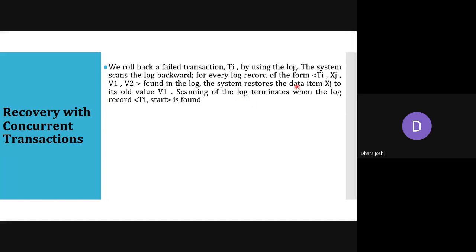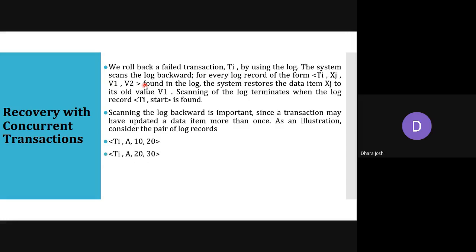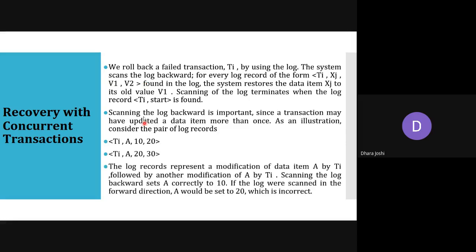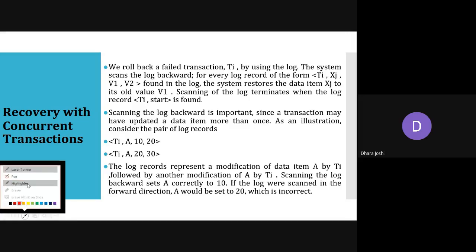If we have this kind of scheme, the log is Ti, Xj, V1, V2, where V1 is the old value and V2 is the new value, and we do a transaction rollback, and due to that, recovery should be possible.